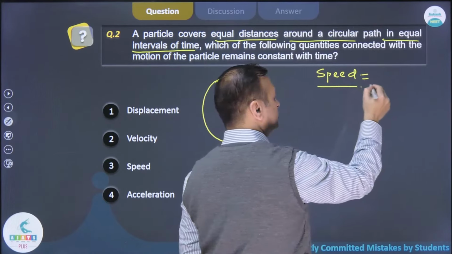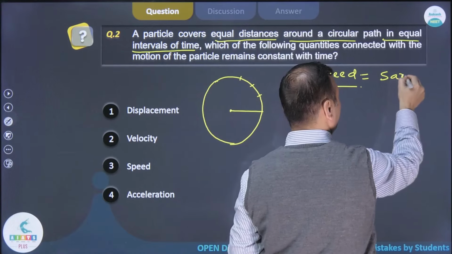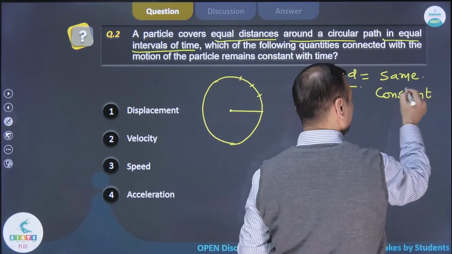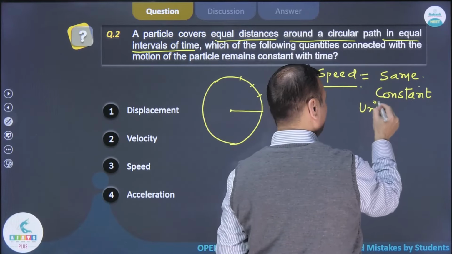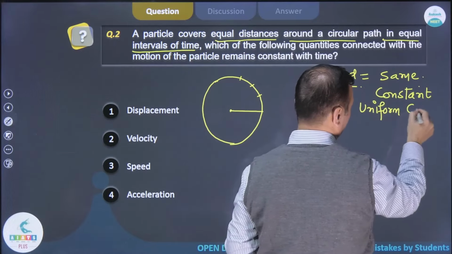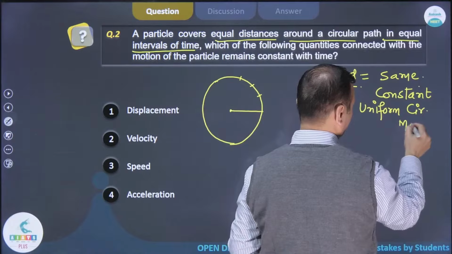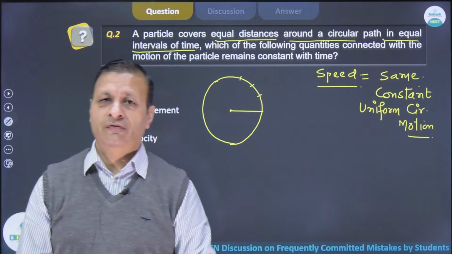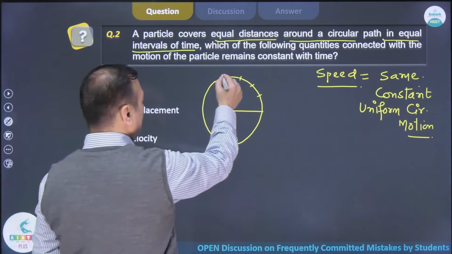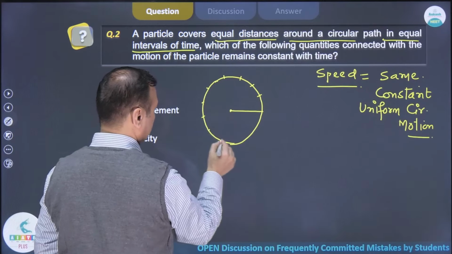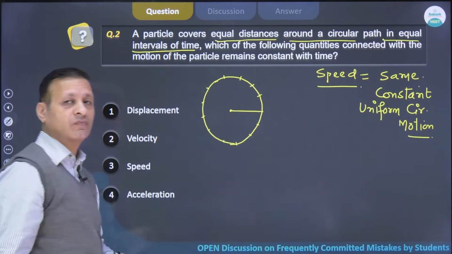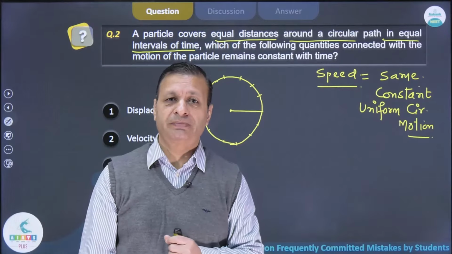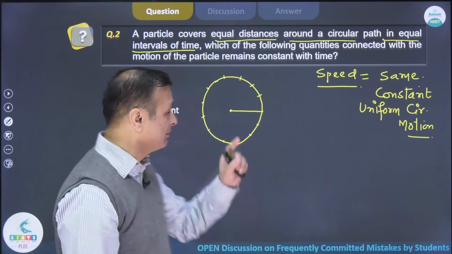So in uniform circular motion, speed remains the same or constant throughout. Got it? This is uniform circular motion. We know in uniform circular motion speed remains the same all throughout, because this is what your question has stated clearly. But we know in uniform circular motion the direction of motion is given by the tangent at that particular point of observation.